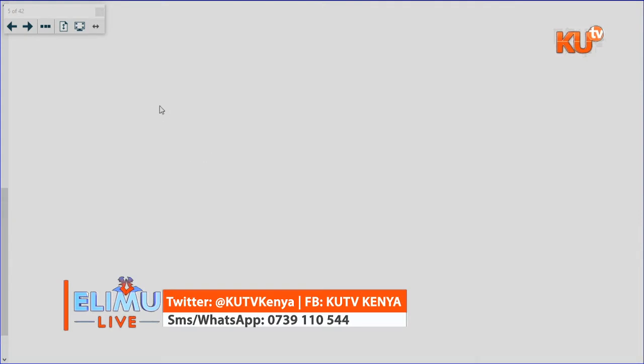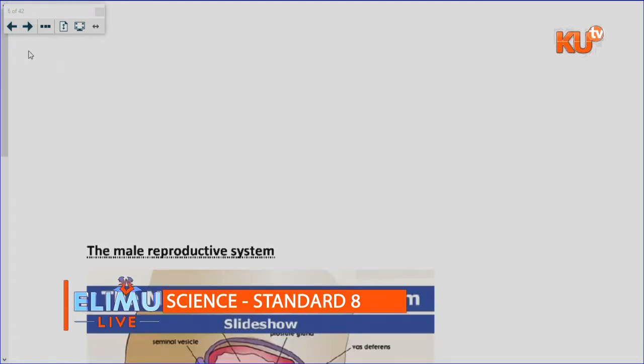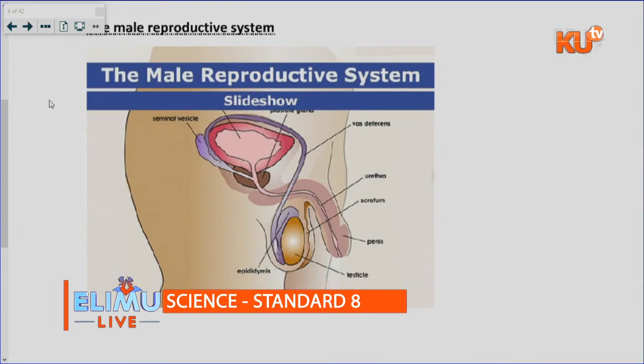So we have the male reproductive system, and the parts of the male reproductive system, we have the testis, and the function of the testis is to produce the sperms. We also have the scrotum, and the function of the scrotum is that it holds the testis in position.